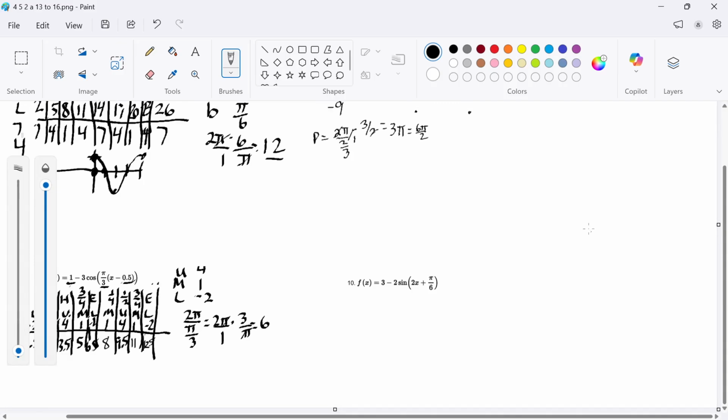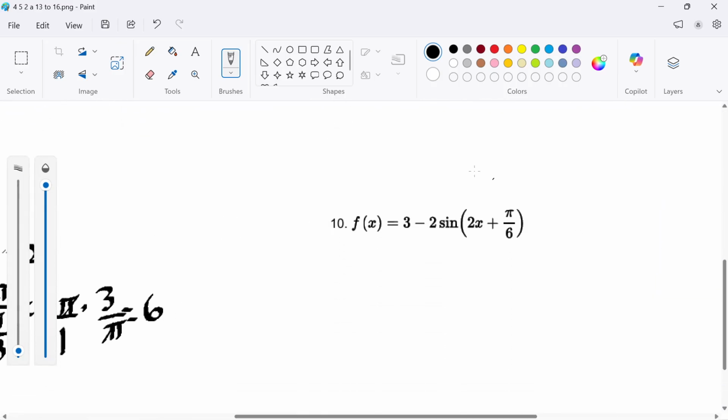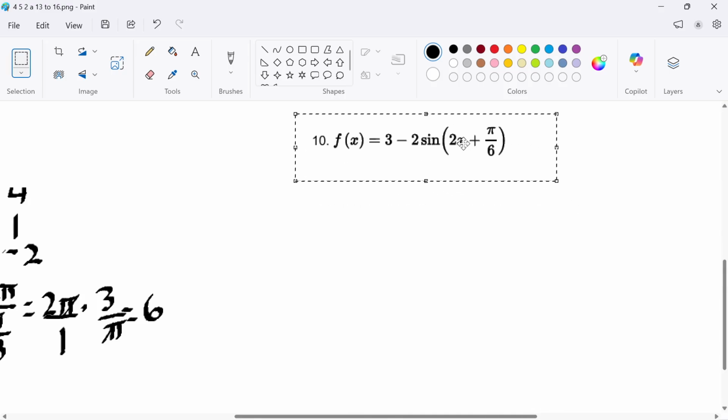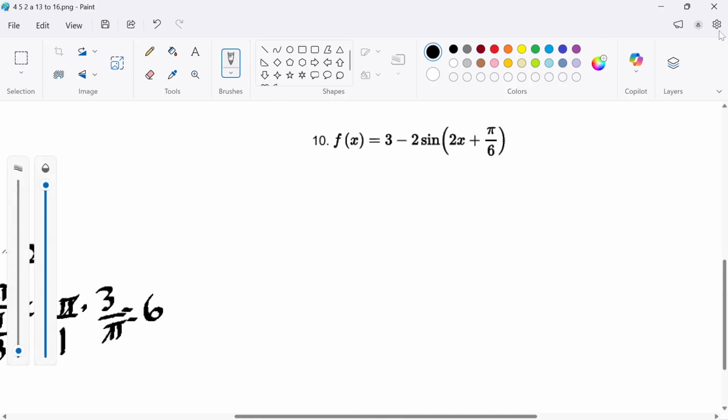All right, let me do the last one. And this one, hopefully I won't make a mistake. But see, you can recover from mistakes if you write your work. So this one is minus 2 sine. So remember, this one is going to start at the medium.